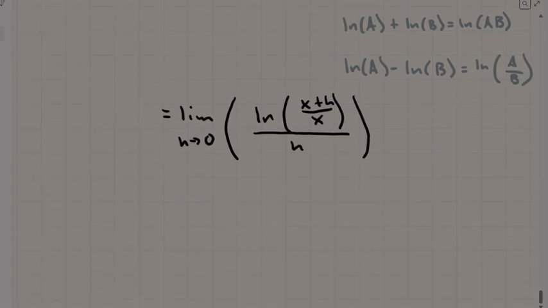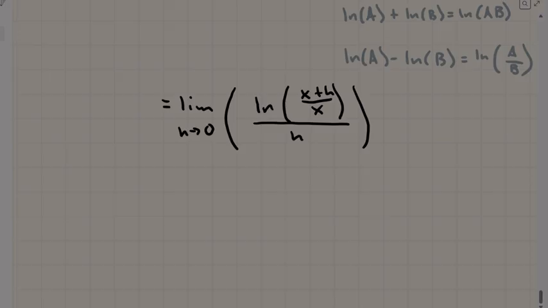So now, what can we do? Well, the only step forward that I see is in that ln term. And so what can we do in there? The limit as h approaches 0 of ln of, well, we have that kind of fraction with two things. Maybe we can split the fraction into two and see what happens.